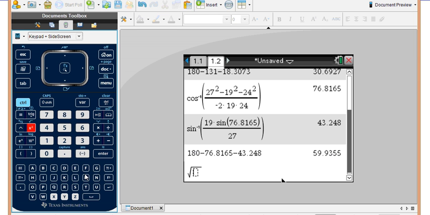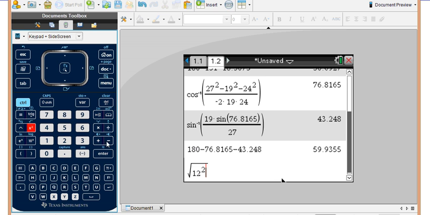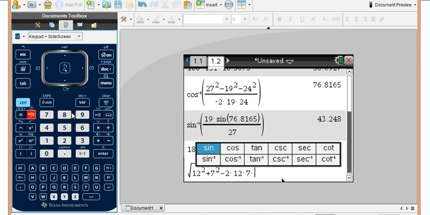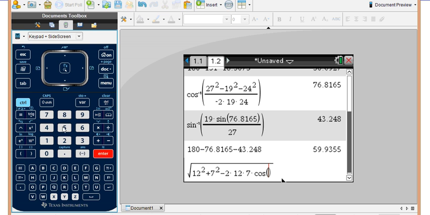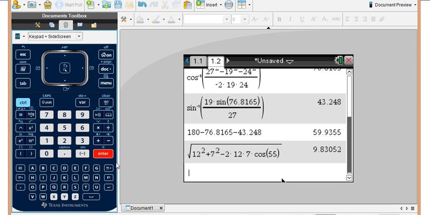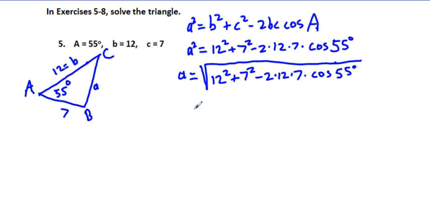We have 12 squared plus 7 squared minus 2 times 12 times 7 times the cosine of 55 degrees, and we get 9.83052.